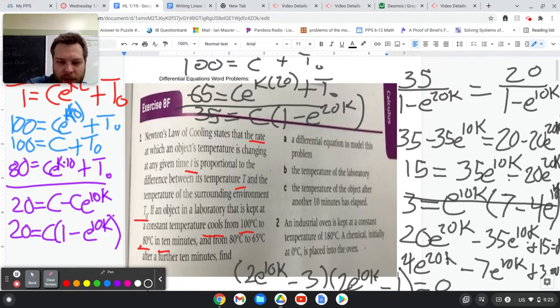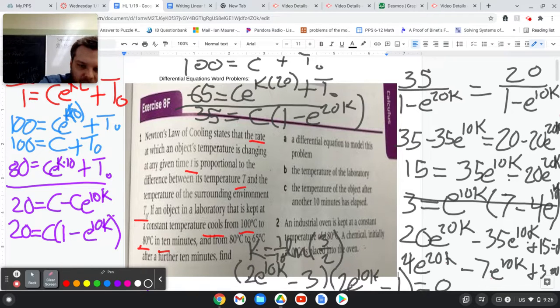One solution being from the first factor, and the other one being from the second factor. So from this one, if you solve for k, you get k equals the natural log of 3 halves, divided by 10. So I'm going to put a 1/10 here.